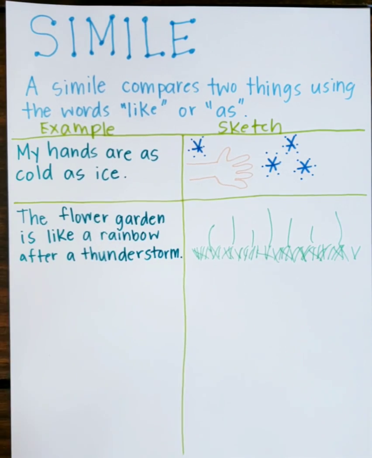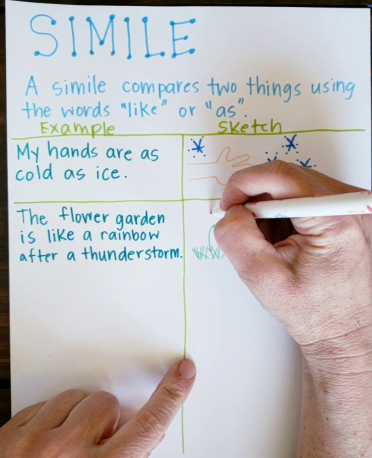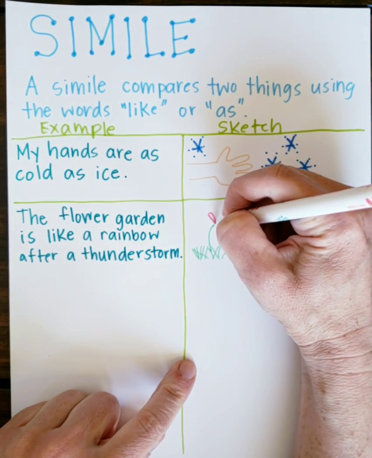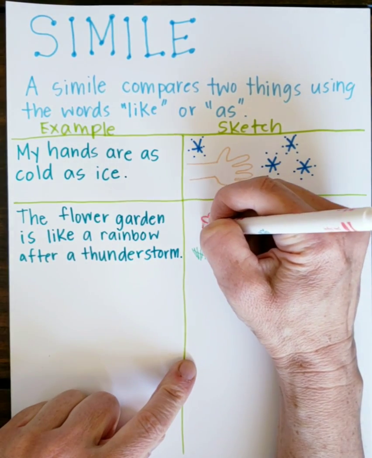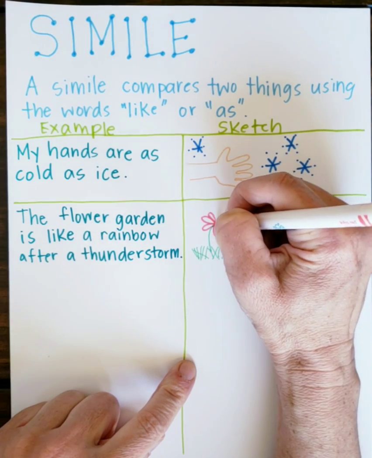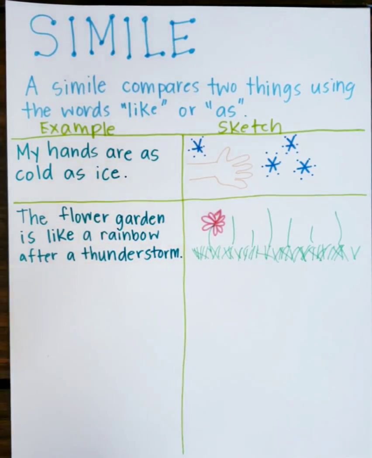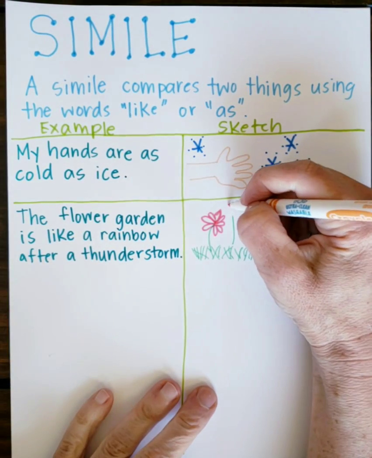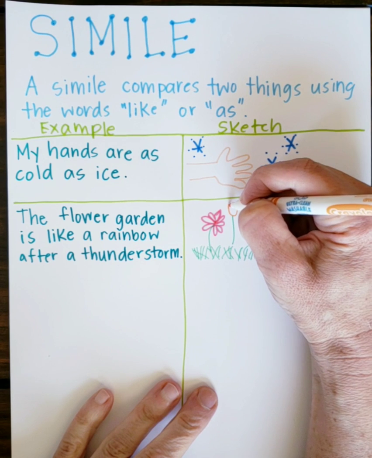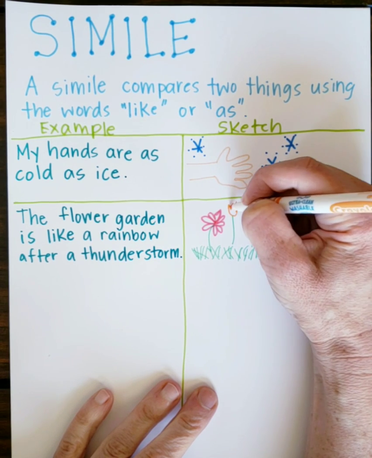So here's my flower garden, and I am going to use a rainbow of colors. So I'm going to have a red flower, and hopefully you remember all the colors of the rainbow. Next is orange. I'm going to make an orange tulip. I've seen some of those in my neighborhood.